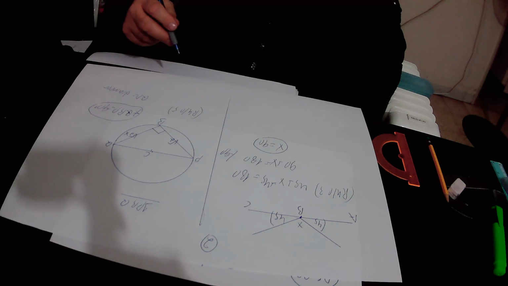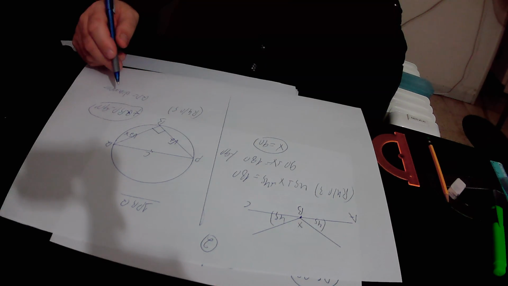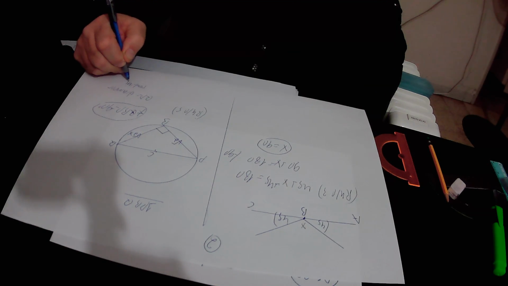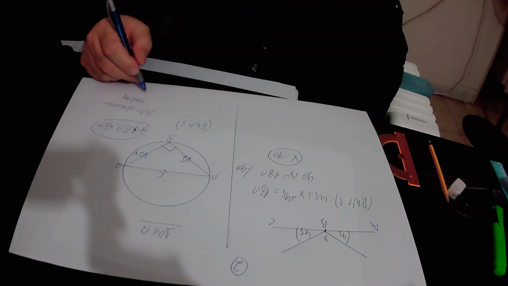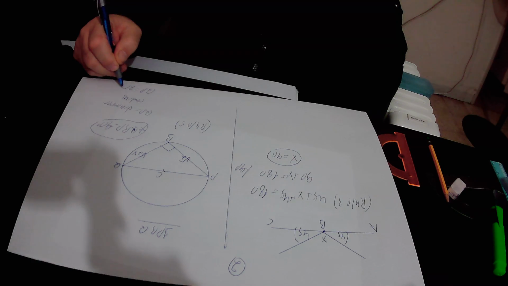So if we define the radius of this circle as r, then the diameter QP must be equal to 2r.